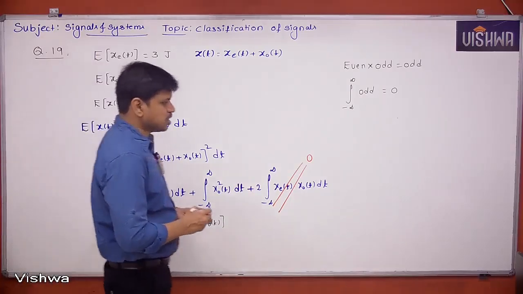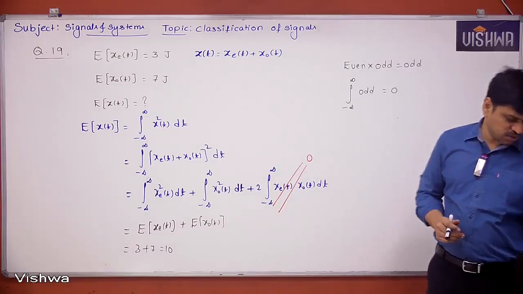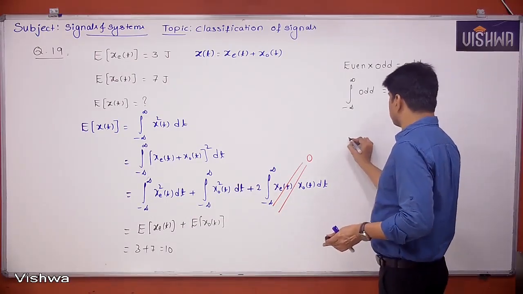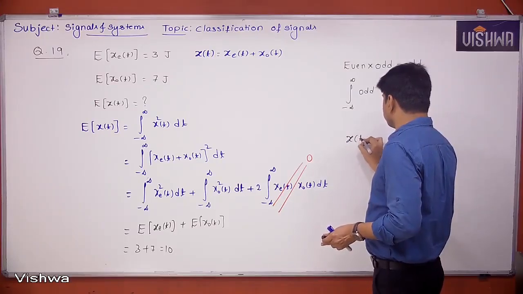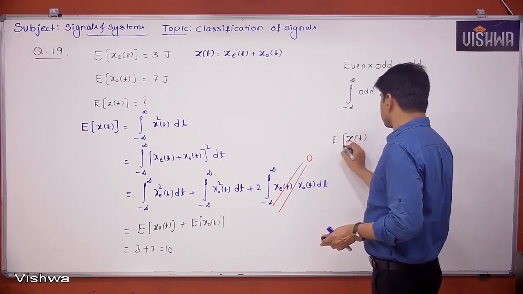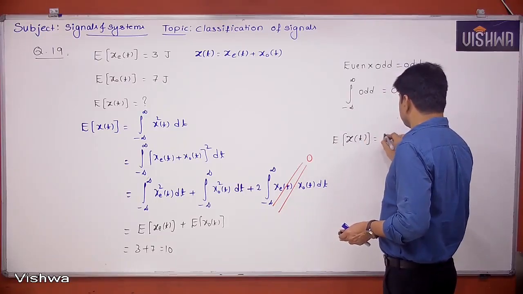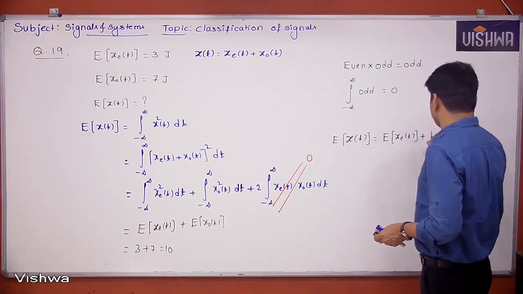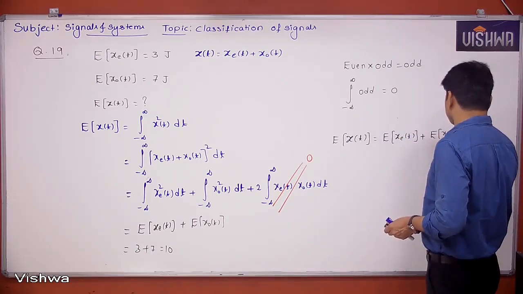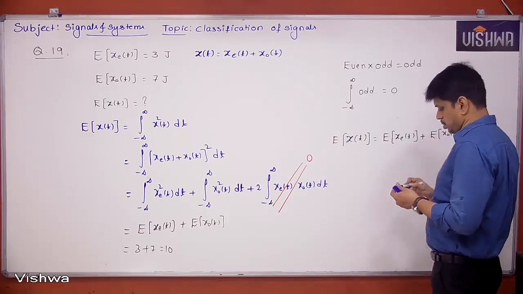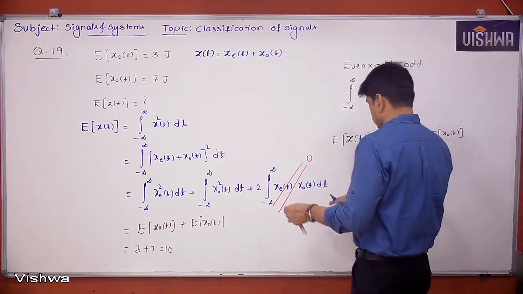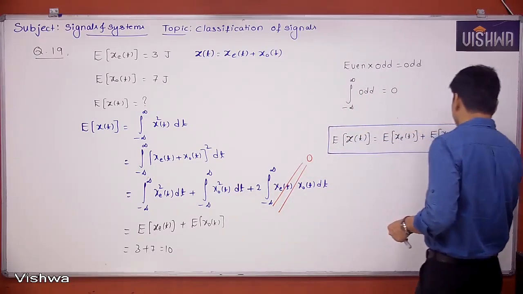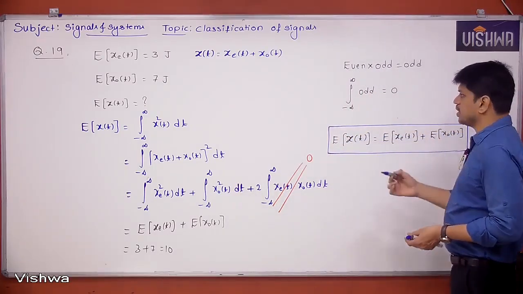So from here onwards, remember this: energy of x of t is equal to energy of even part plus energy of odd part. That's what it is. Remember this and take it.